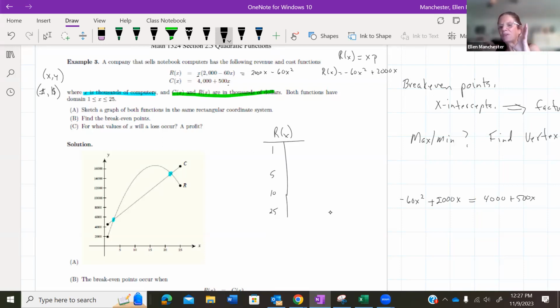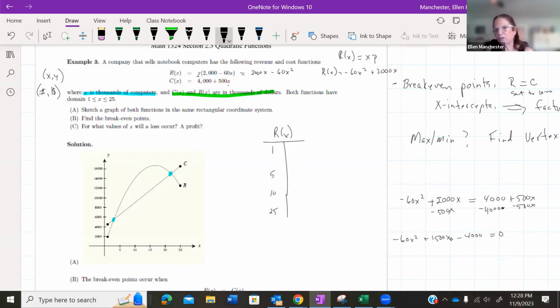We have to make sure that we put everything to the left side, right? We want to make sure that we subtract off the 4,000, not 40,000, and subtract off the 500x. So we get negative 60x squared plus 1,500x minus 4,000 equals 0. So when you find your break-even points, your revenue is going to equal the cost and then set to 0.